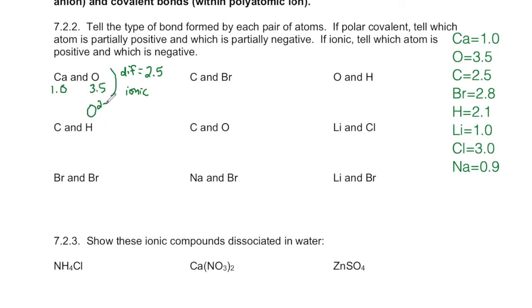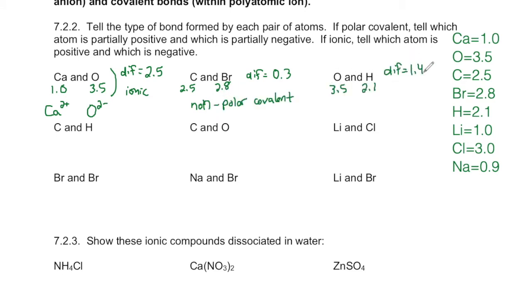And oxygen would be the element that is negative. Calcium would be the cation, the positive element. Carbon and bromine have a very small difference. So they're going to be sharing their electrons fairly evenly. This would be a nonpolar covalent compound or a nonpolar covalent bond.